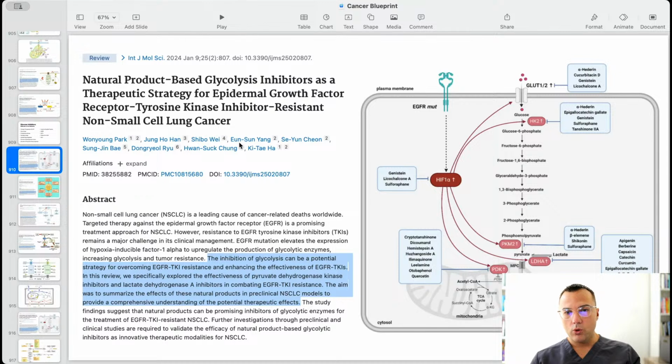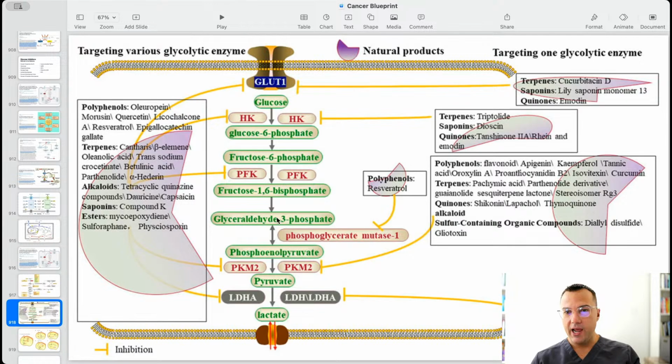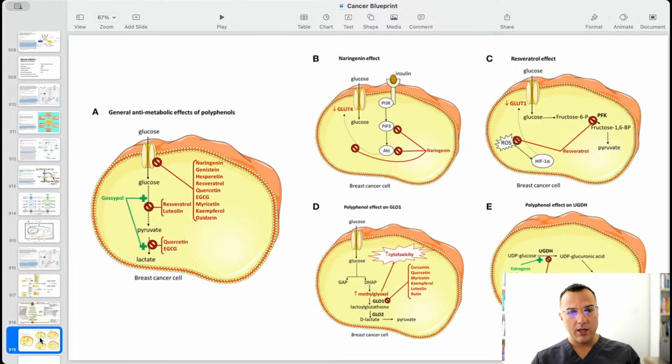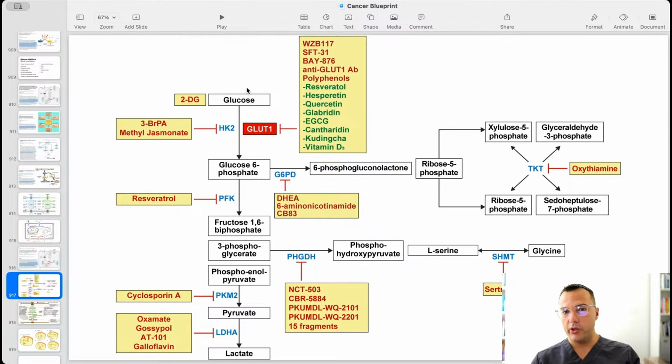And so we'll look at each of these steps, and I'm going to try to look at multiple papers, not just this one paper, because although this paper has a great graphic associated with it and gets us oriented, the next paper may have a graphic that looks very similar, but has different compounds. And then there may be another graphic that looks very similar, but has different compounds looking at different pathways.